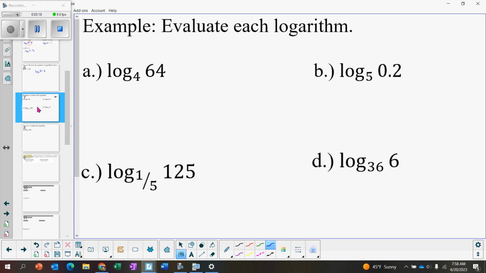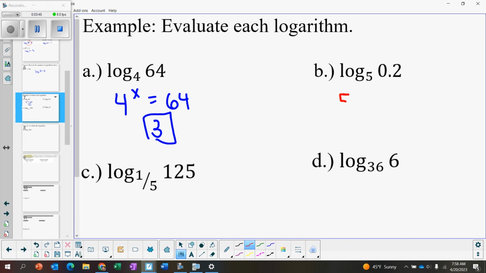We can evaluate logarithms because we know that 4 raised to something will equal 64. So 4 raised to something equals 64. We have to ask ourselves, what power gives us 64? And that's 4 to the 3rd. So log base 4 of 64 is 3.